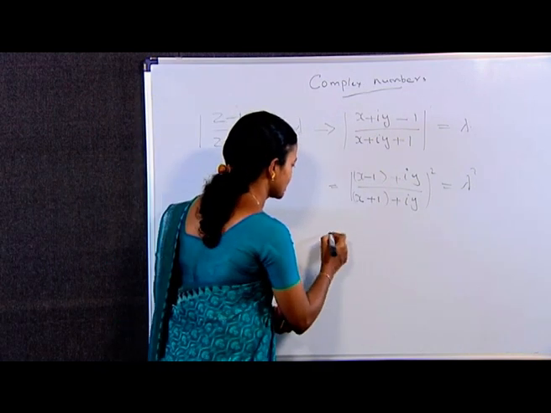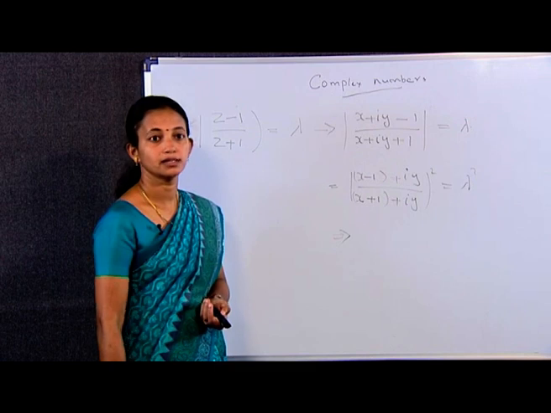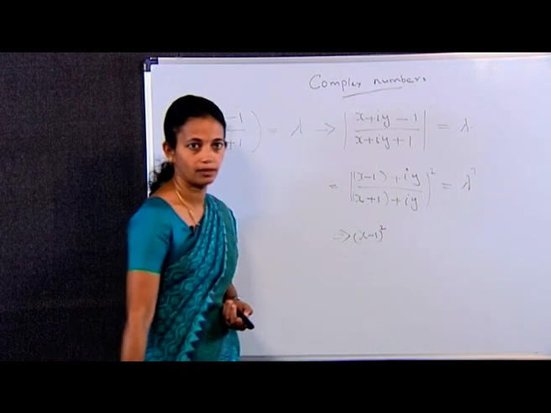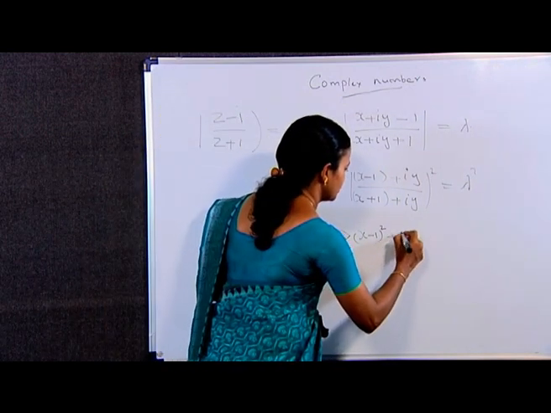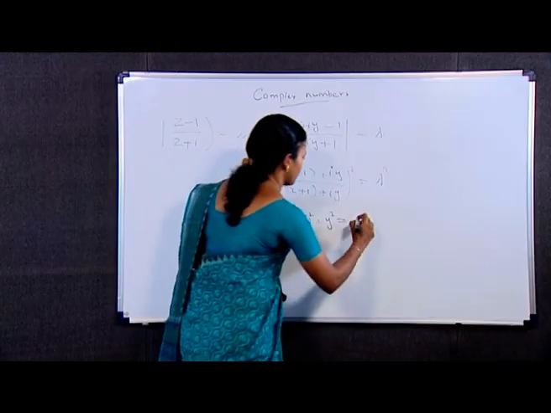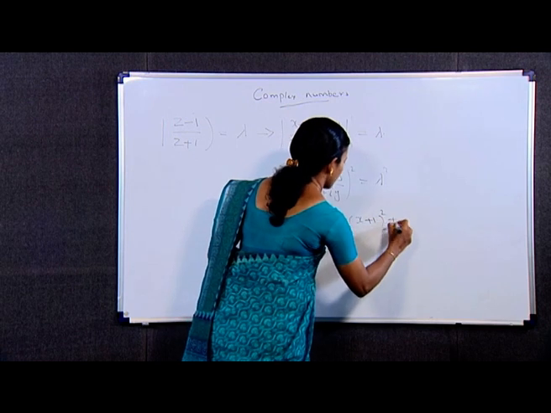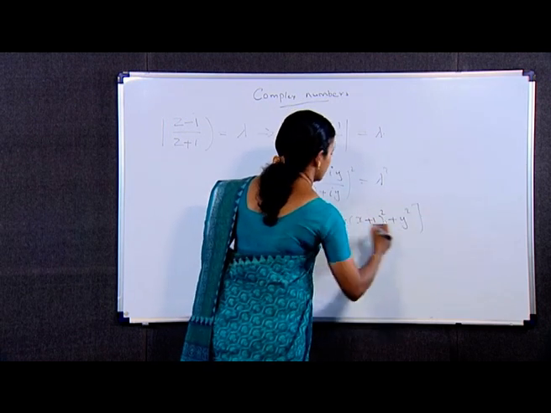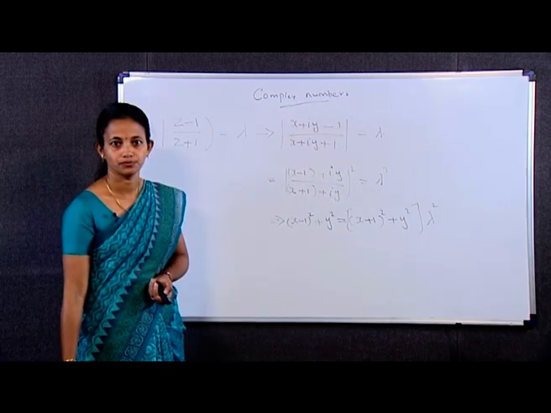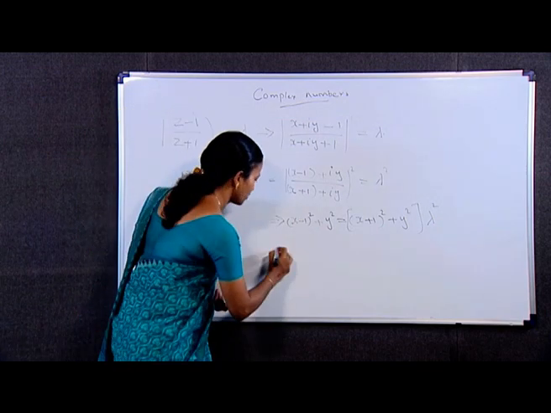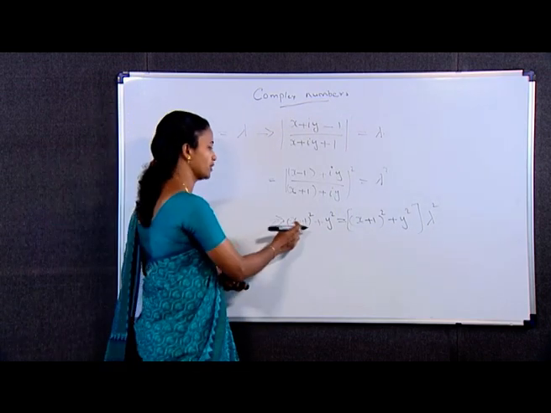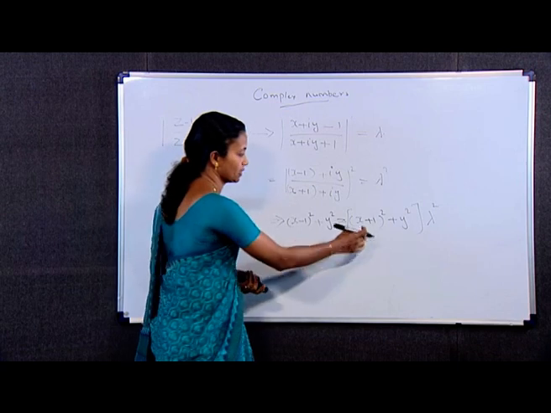So, I can write this as x minus 1 whole square plus y square equals lambda square times x plus 1 whole square plus y square.